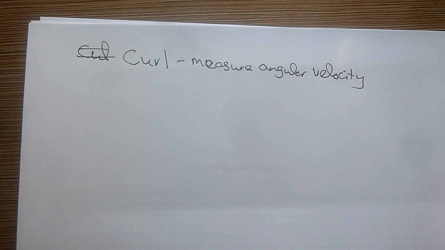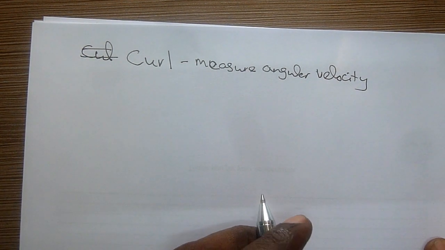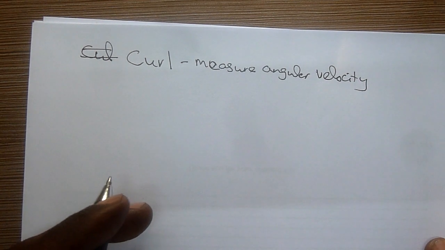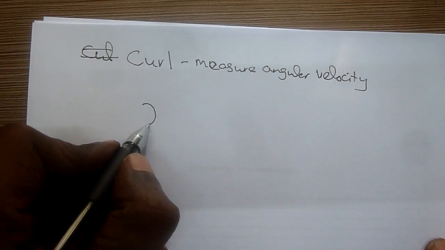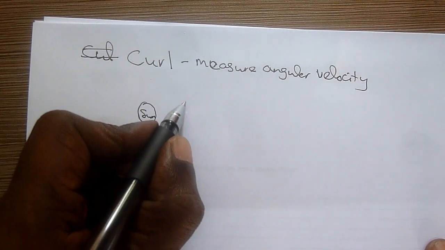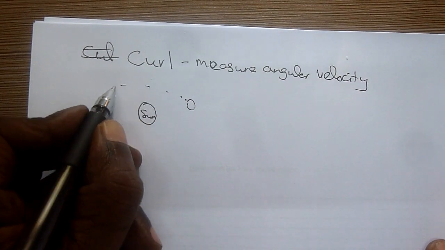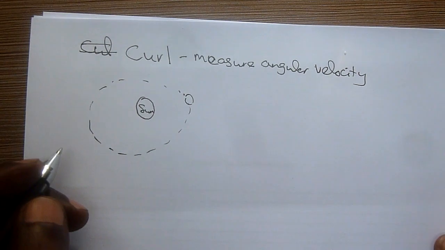Let me explain. A very simple example: take the Earth and the Sun. The Earth is revolving around the Sun.